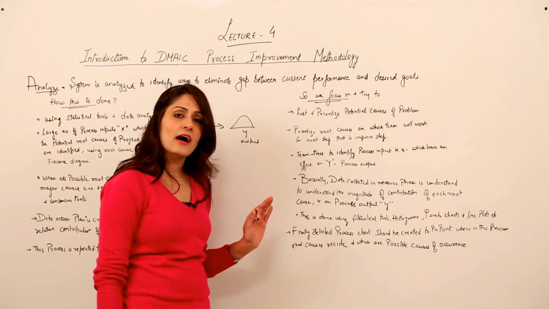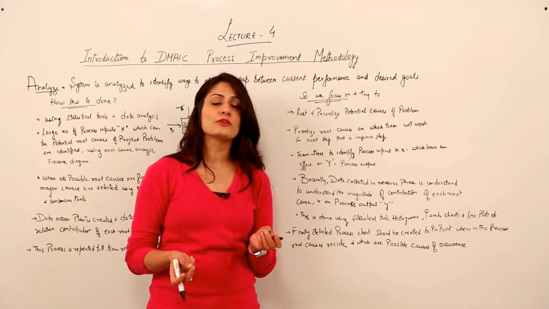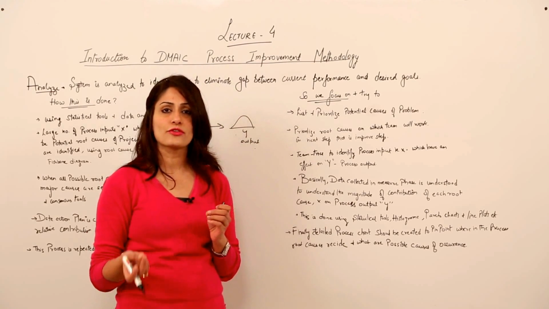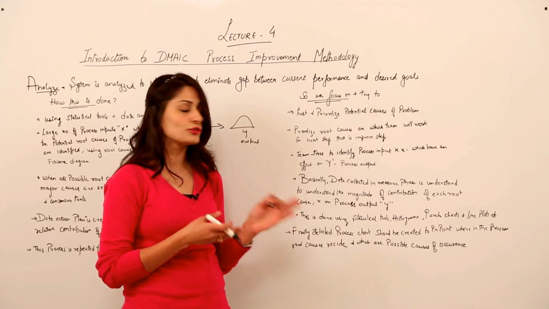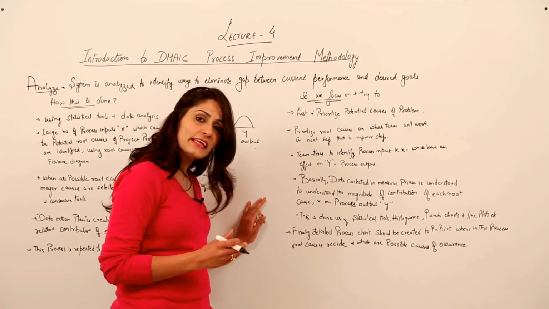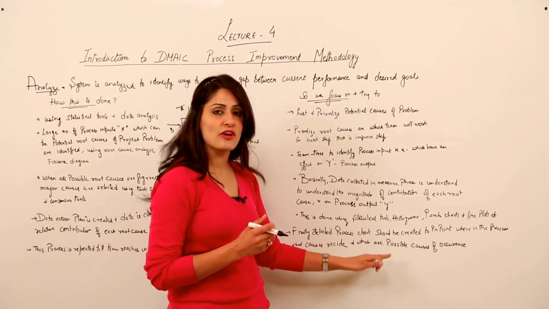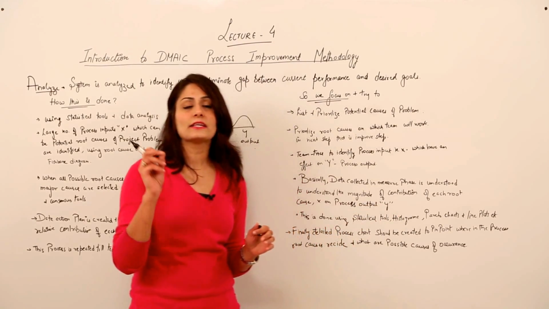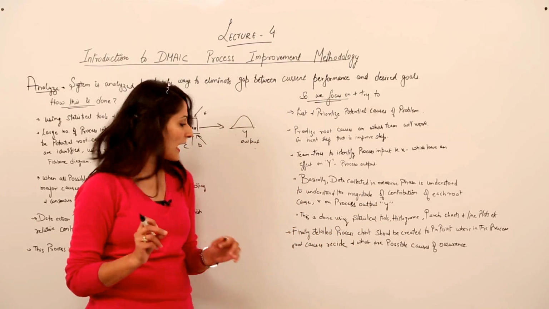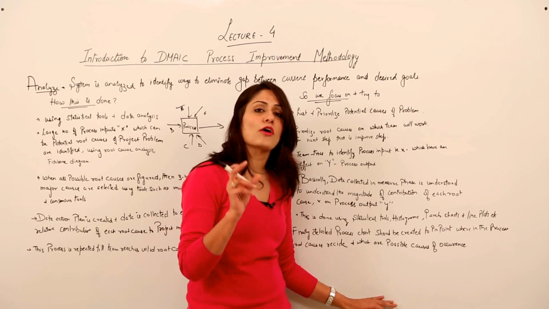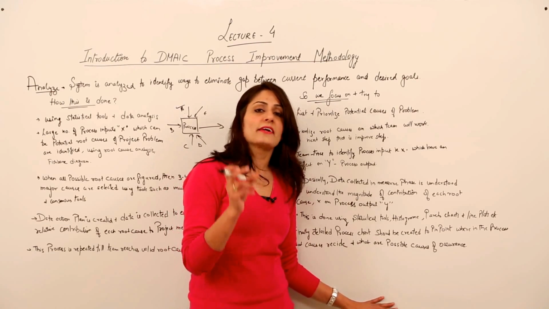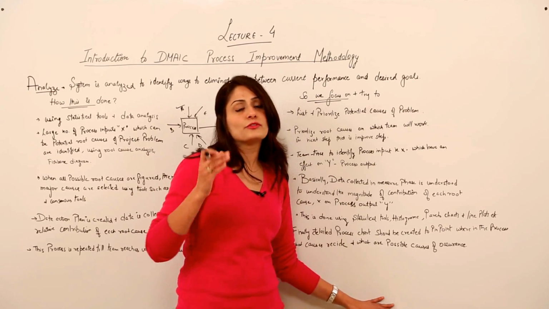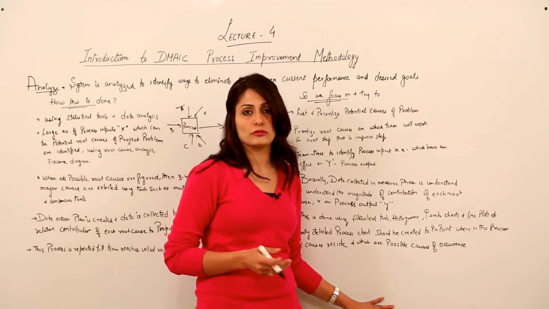This is done using statistical tools, Pareto charts, line charts, histograms, etc. Data is understood using all this, and finally a detailed process chart should be created to pinpoint where exactly in the process the root causes lie and what is the possible cause of the occurrence, so that it can be fixed during our Six Sigma implementation.